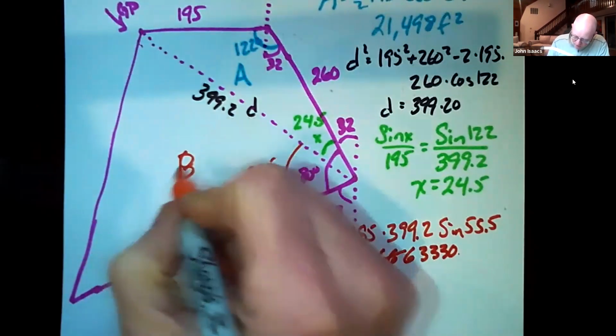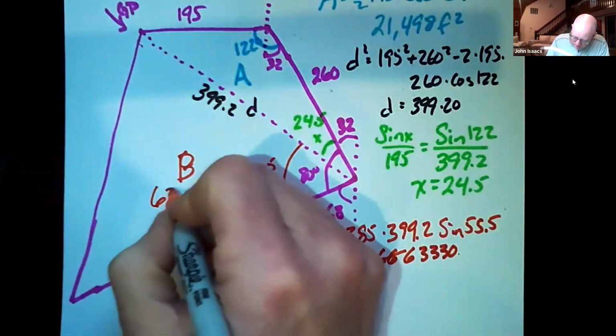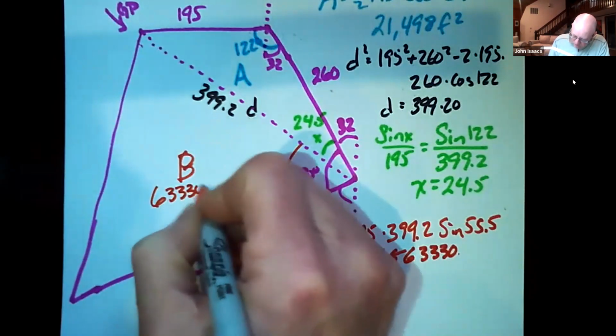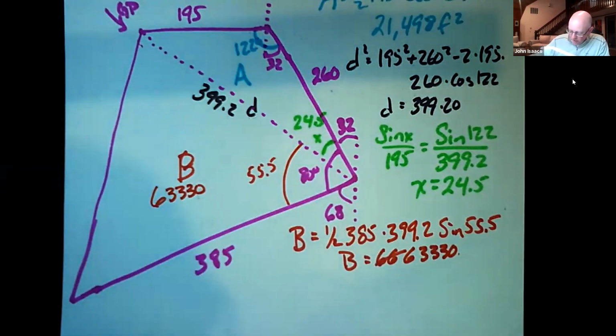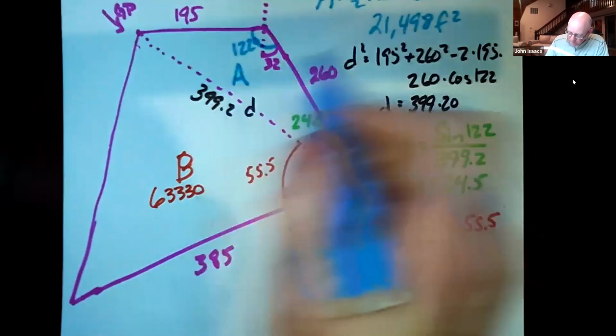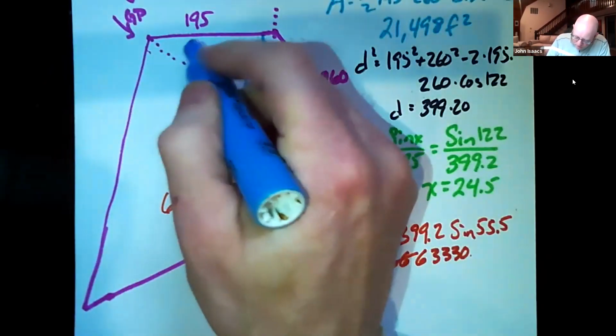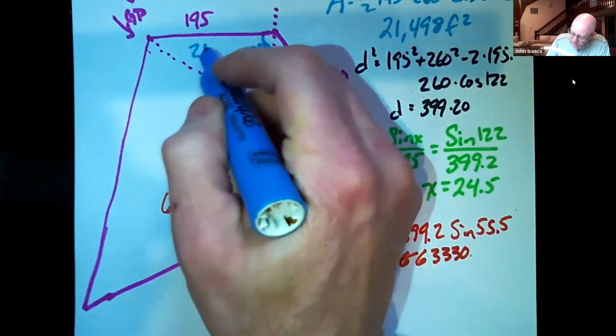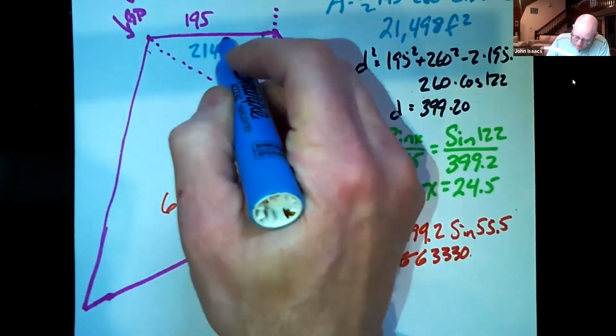So the area here is 63,330. And the area in the triangle A, the blue triangle, was 21,498.